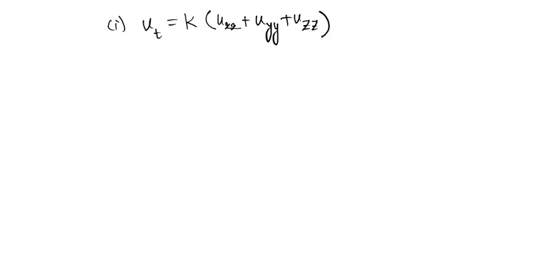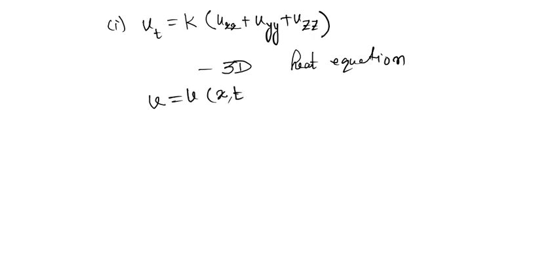This equation has a special name also, it's called the 3D heat equation, or sometimes called the three-dimensional diffusion equation. Here u is the dependent variable, a function of x and t, and these are the independent variables. Let us take another example of a second order PDE.